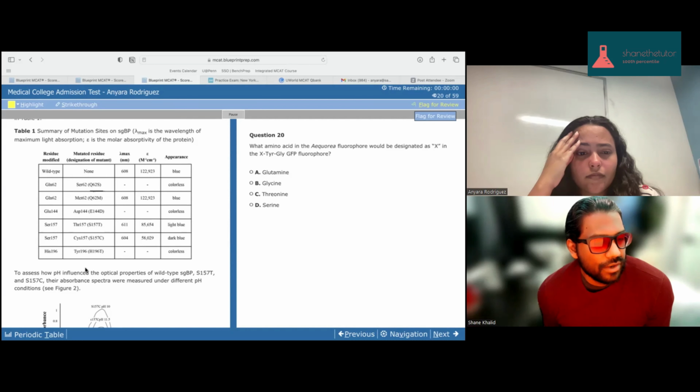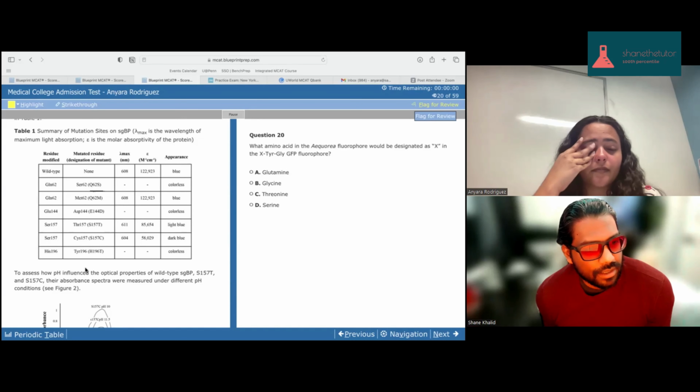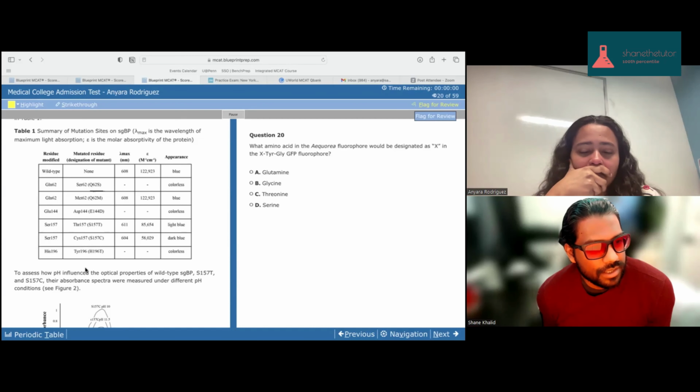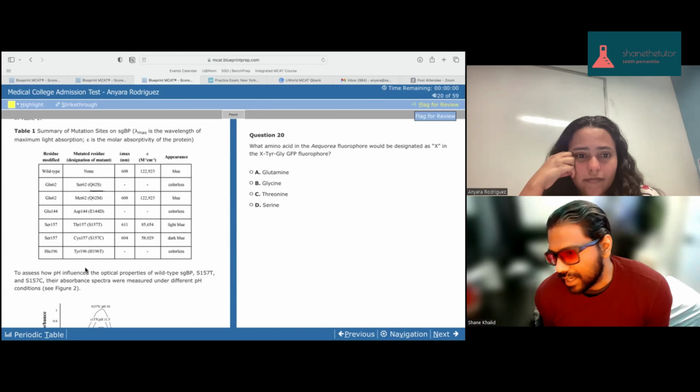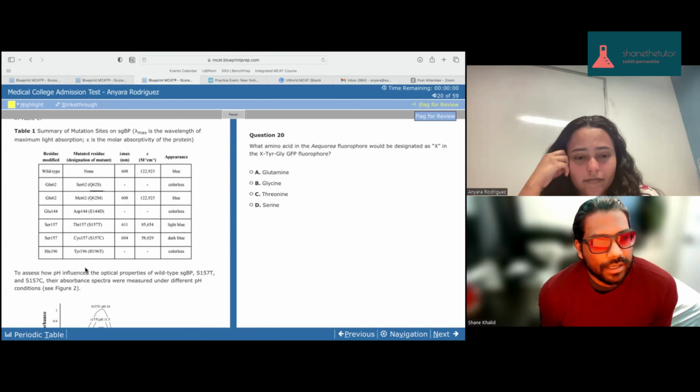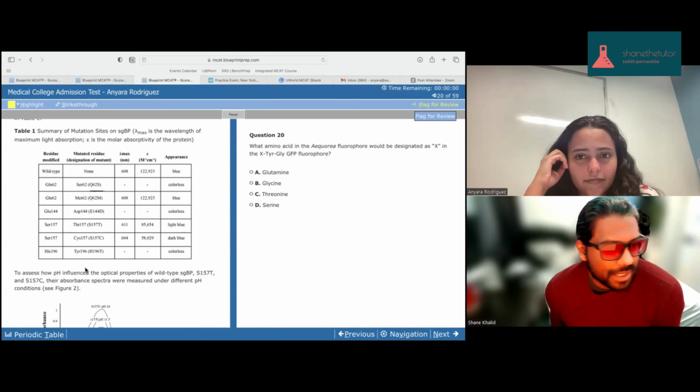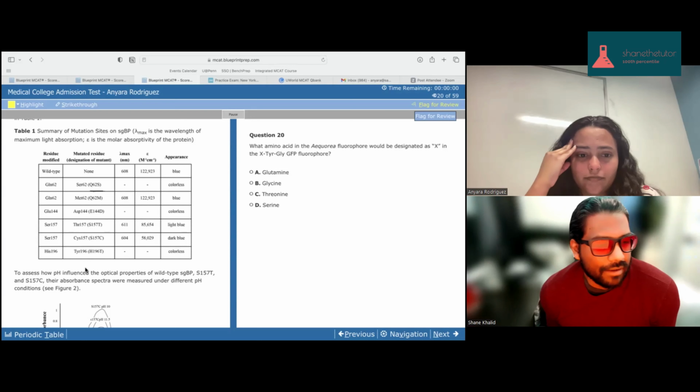And if we turn the serine into threonine, we have a change in the wavelength of maximum light absorption. It goes up. So if it goes up, the energy of the photon that it absorbs goes down. And the molar absorptivity seems to go down. And we have light blue.